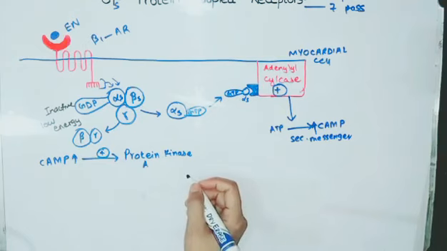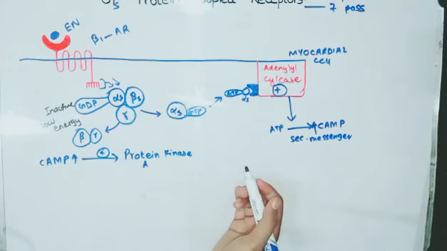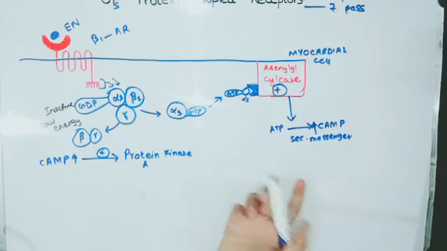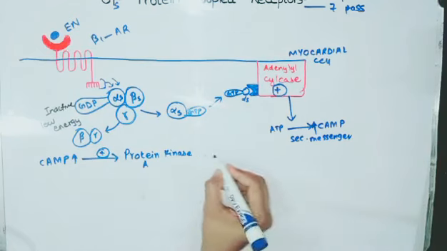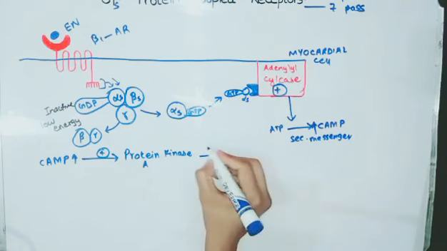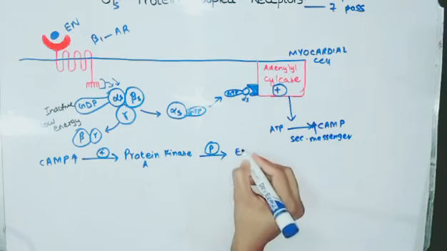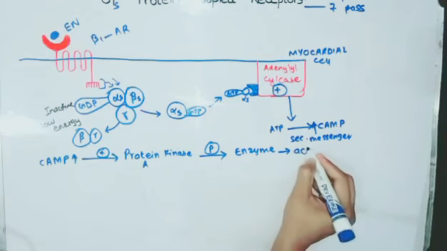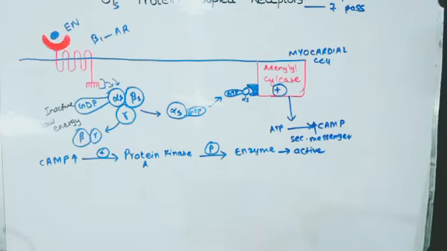So for example, we know that when enzymes are dephosphorylated, they are inactivated. So suppose this protein kinase A phosphorylates some enzyme, and it basically becomes active, and it will catalyze different metabolic processes.